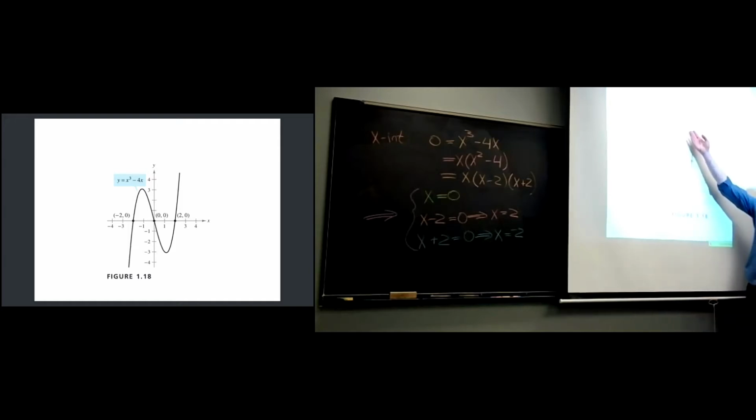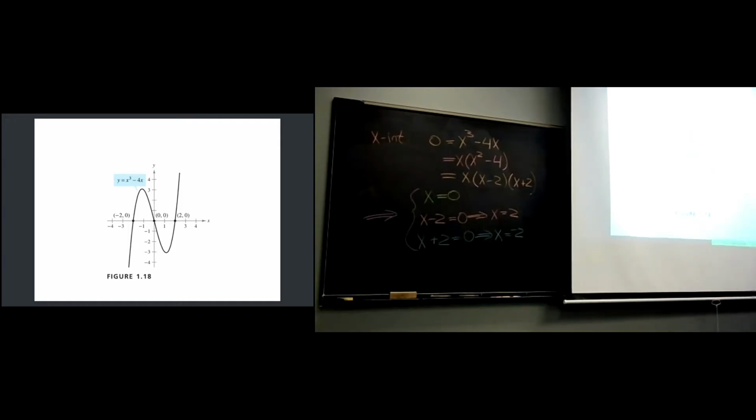It was a cubic. So by finding these x and y intercepts, we can anticipate what our graph will look like, which will help us narrow in what values we need to consider.